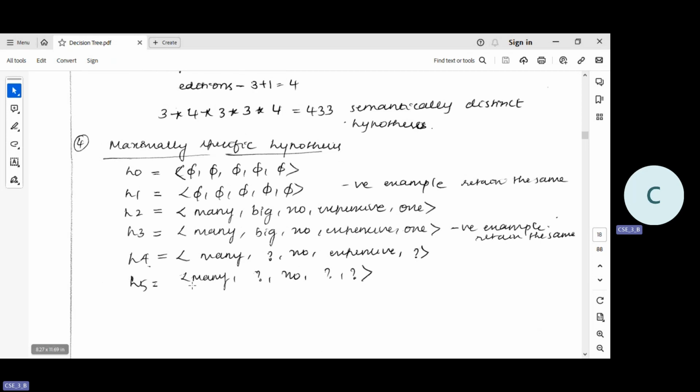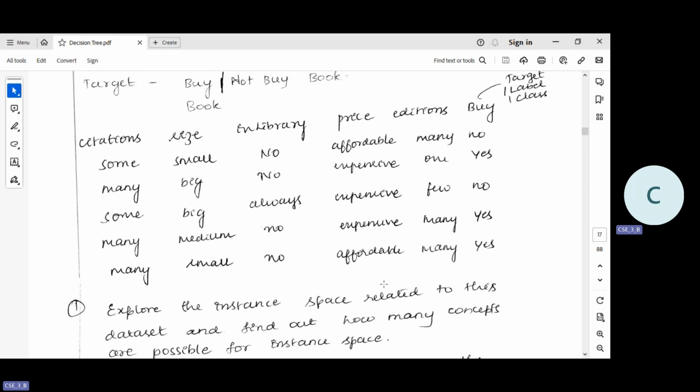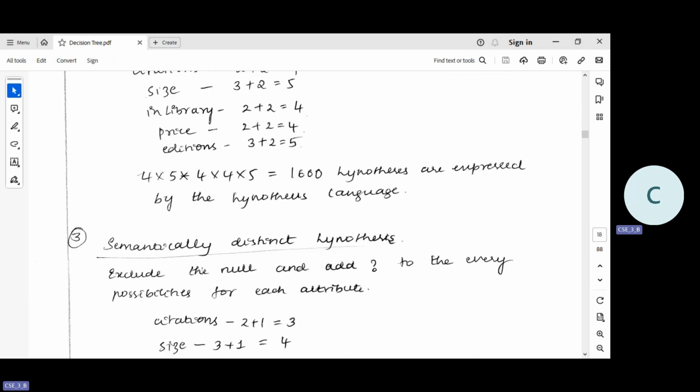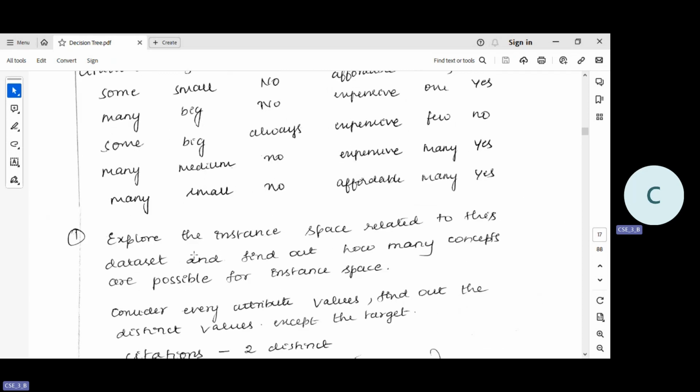Finally, we encounter one more positive example, that is many, small, no, affordable, and many. Now we compare all these attribute values. Many, question mark, no are retained, and expensive is replaced by question mark.